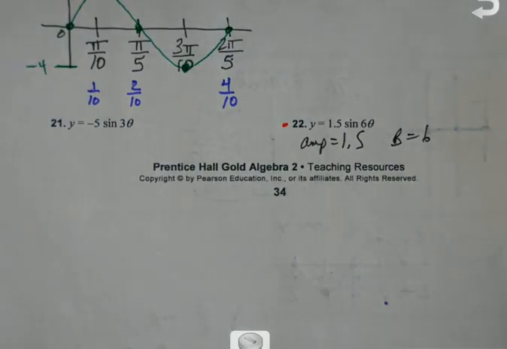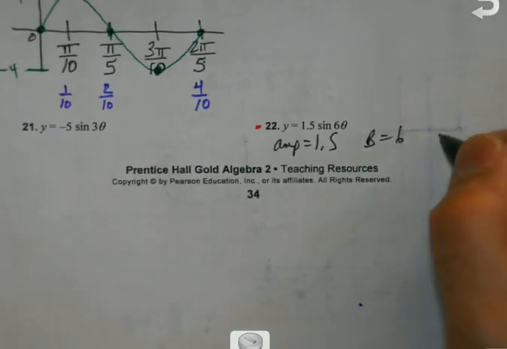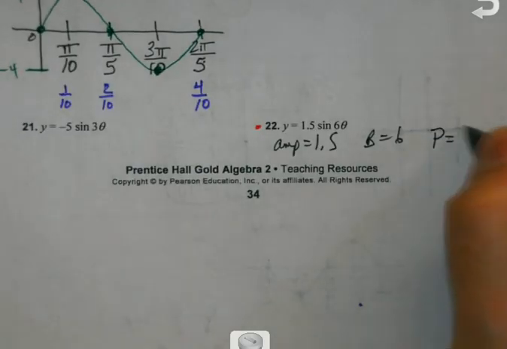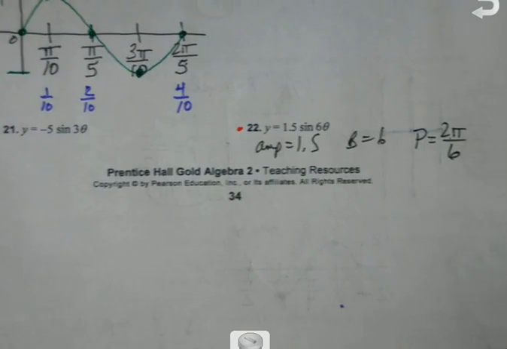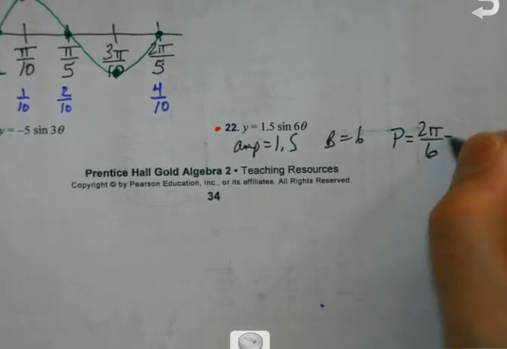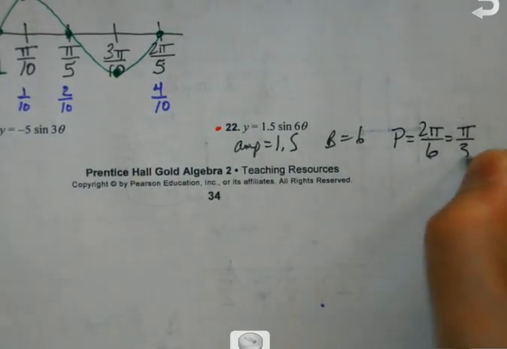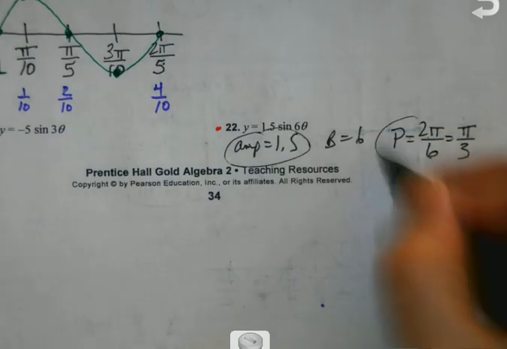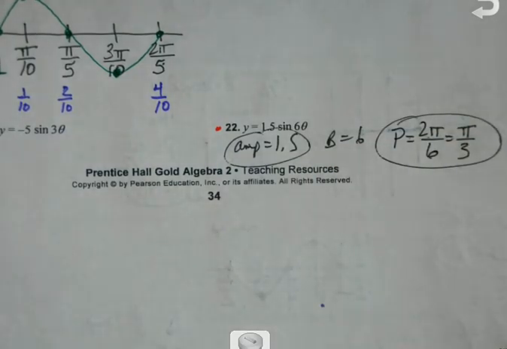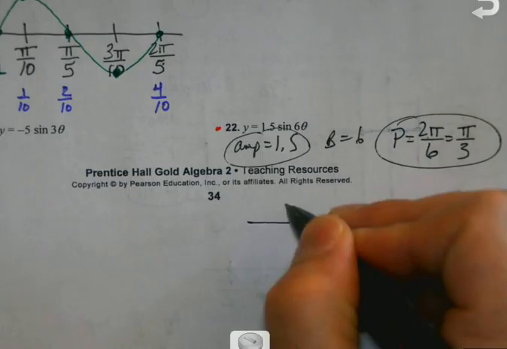So again, to get my period at this point, it's 2 pi over 6. And again, if you need to do some math to reduce it, hey, do what you got to do. Got my amplitude and my period. And then we're just going to do our sketch, and we're going to be good.